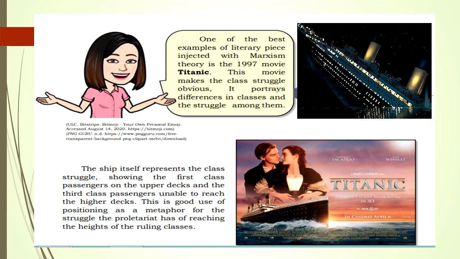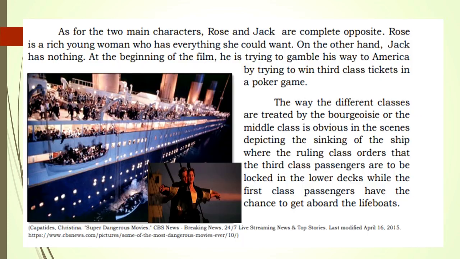The ship Titanic itself represents the class struggle, showing the first class passengers on the upper decks and the third class passengers unable to reach the higher decks. This is a good use of positioning as a metaphor for the struggle the proletariat, or the so-called lowest social class of a community, has of reaching the heights of the ruling classes.